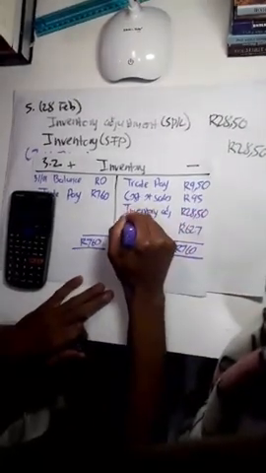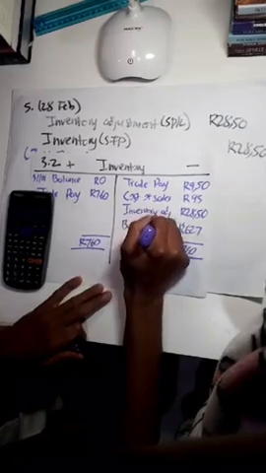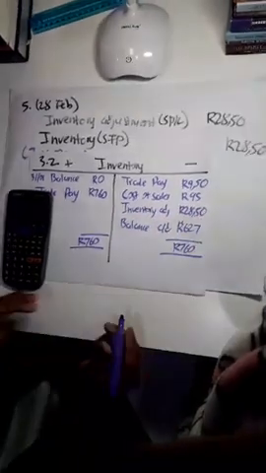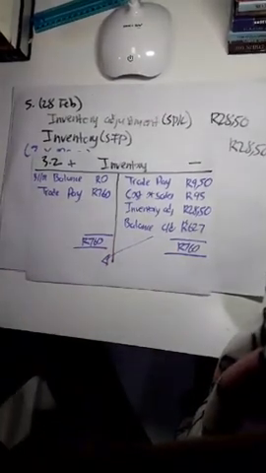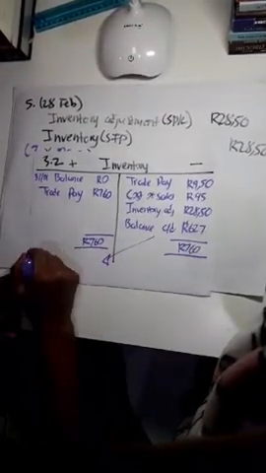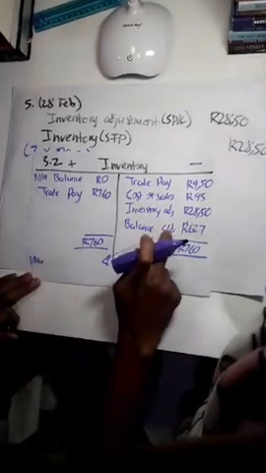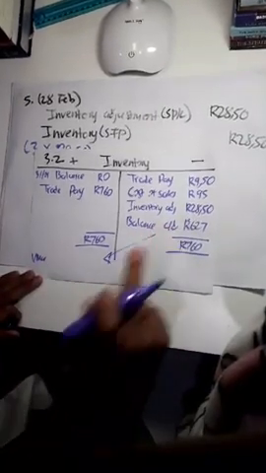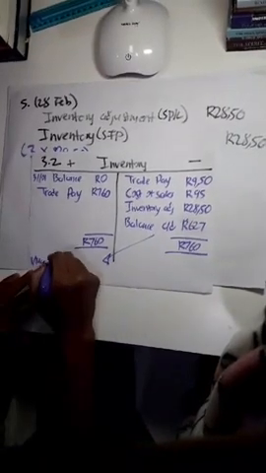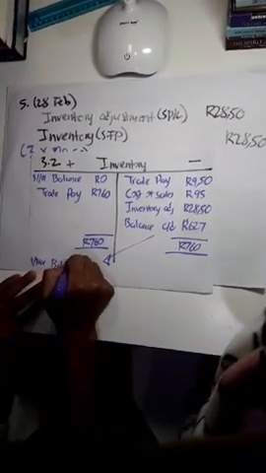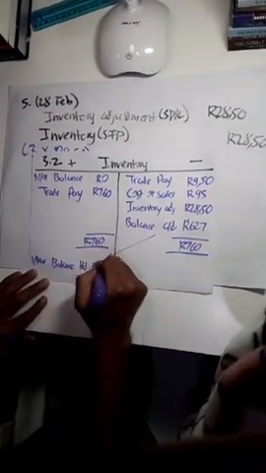So this 627 will be your balance carried down, right? And then this balance carried down will be the one taken forward on 1st March. So remember, this one is the closing balance for February. So the closing balance is the opening balance of the next month, right? So it will be your balance brought down for March.